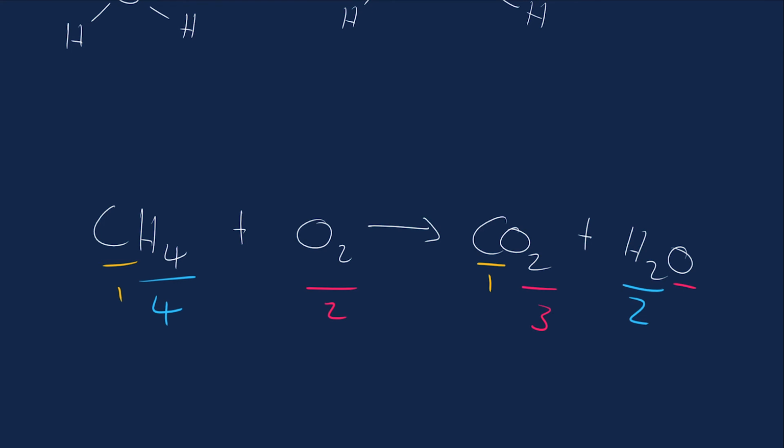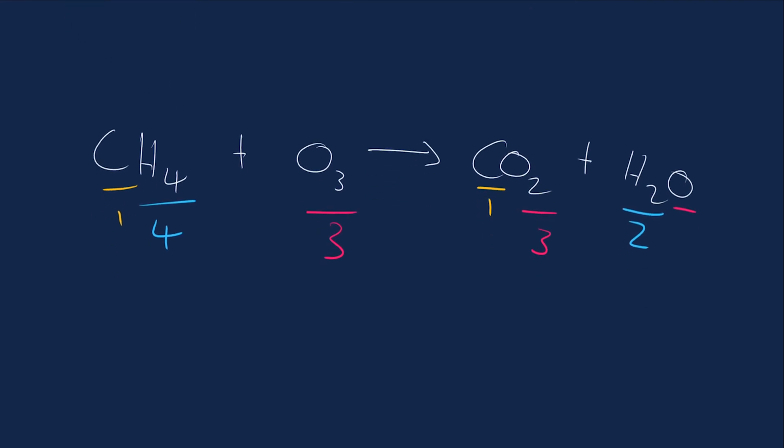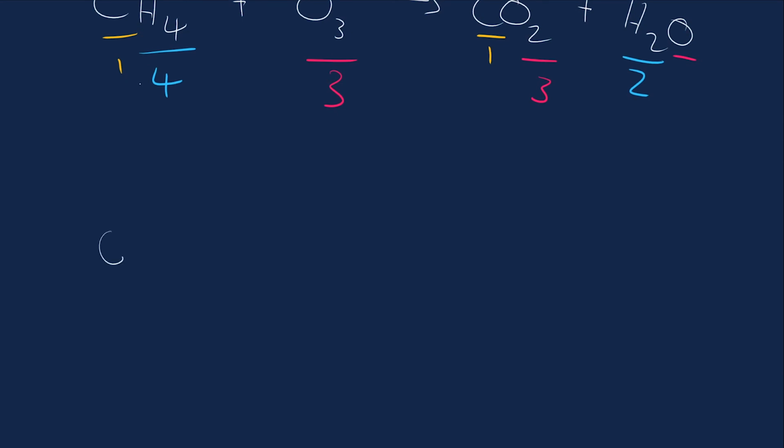A similar mistake would be to change the O2 to an O3, and that would change the amount of oxygen to 3 on both sides, and you could think, oh great, I've balanced how much oxygen we have. No, again, what you've done, going from writing O2 to O3, is O2 is one molecule.